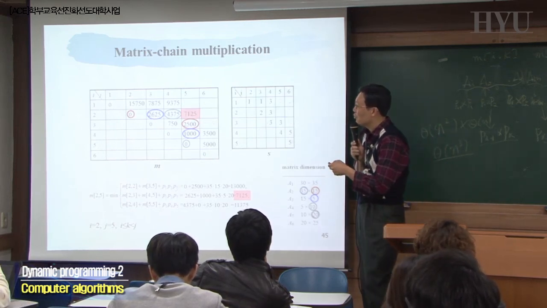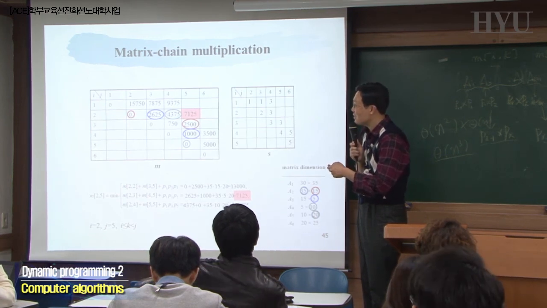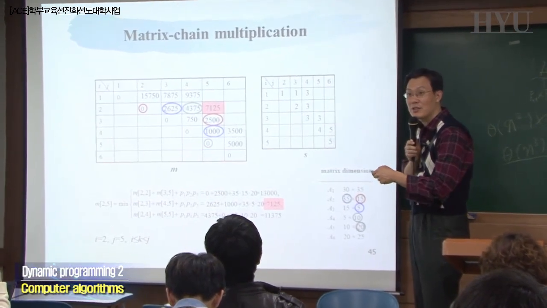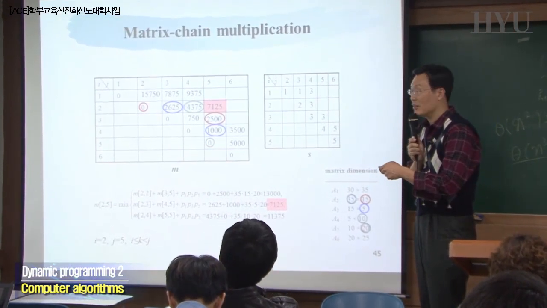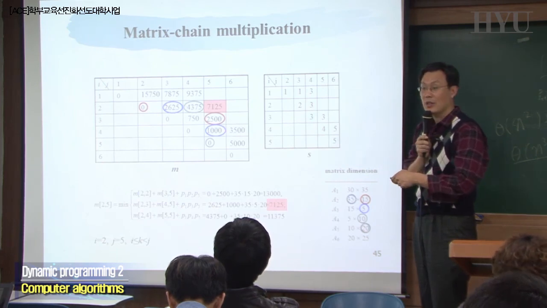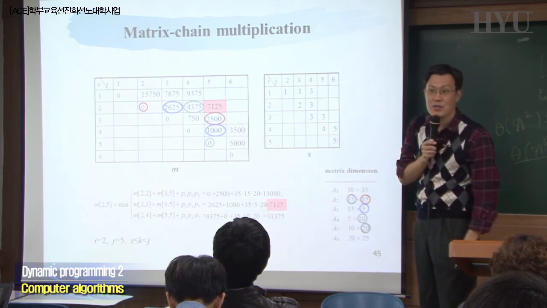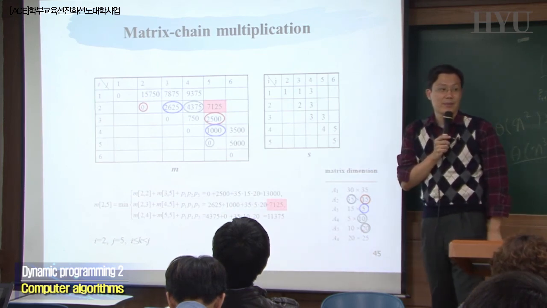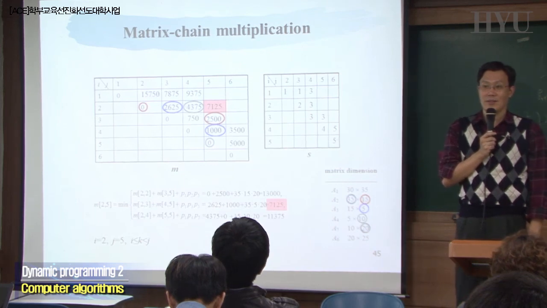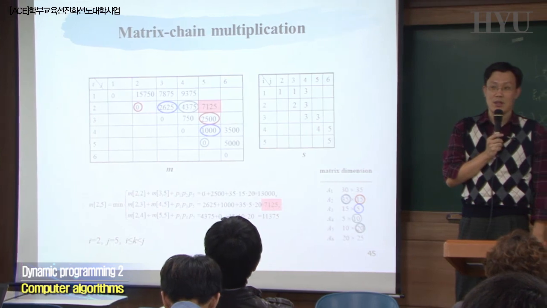Okay. To compute this entry, we access level 1 values, level 0 values, level 1 values, level 2 values. We access all the values. So we cannot exclude lower level values. Okay? Any more questions?